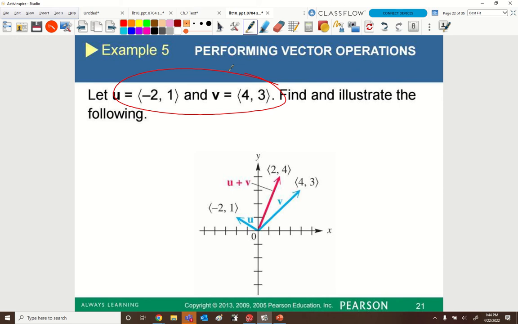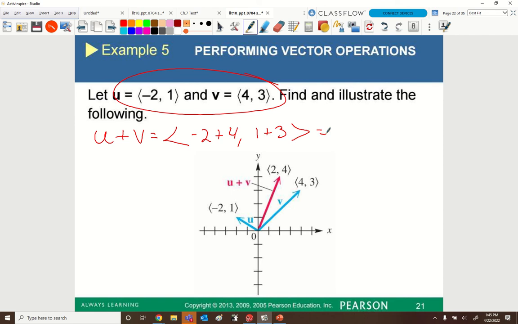Now, let U be <-2, 1> and V be <4, 3>. We're going to do U plus V. Vector U plus vector V is going to equal the vector of my x direction, -2, plus my other x direction from my other vector, 4, comma. Now I add together my y directions, which is 1 plus 3.